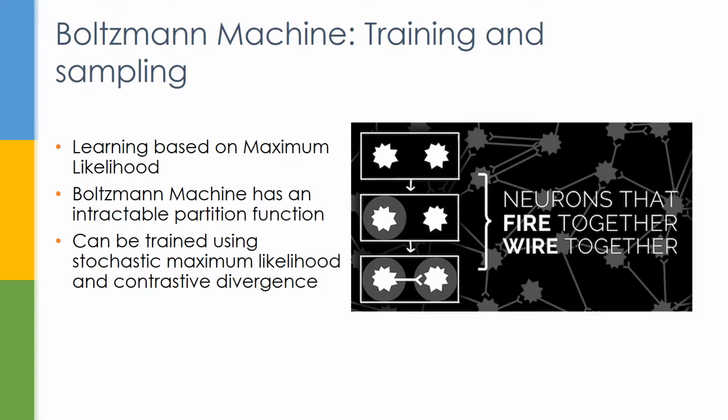And MCMC sampling methods such as Gibbs sampling on a Boltzmann machine are computationally expensive as each unit is connected to every other unit. Thus, a more preferred and widely used model is that of a restricted Boltzmann machine, which can help reduce these complexities.